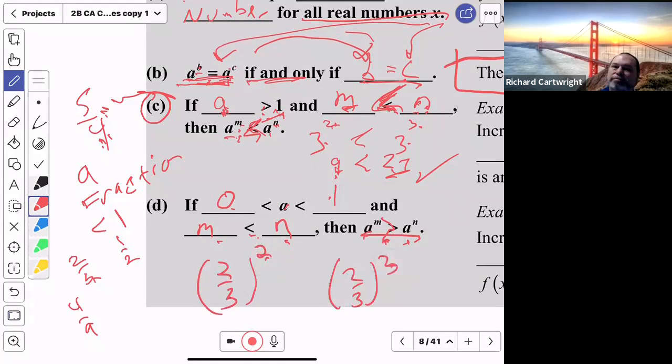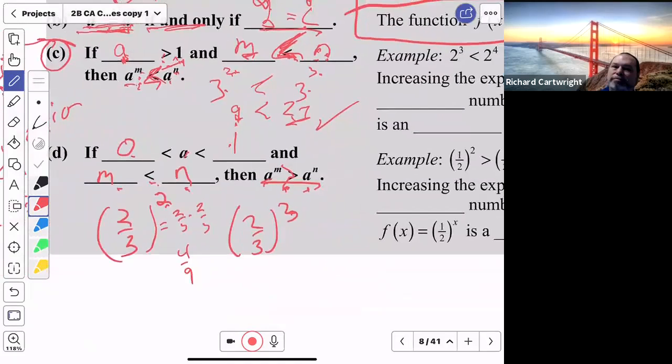Let's see. 2/3 squared is 2/3 times 2/3. That's 4/9. That's almost a half. Now let's do 2/3 cubed. That's 2/3 times 2/3 times 2/3. That's 8/9. No, that's 8/27.